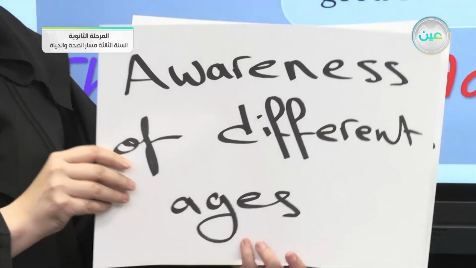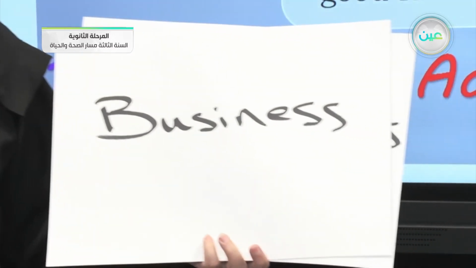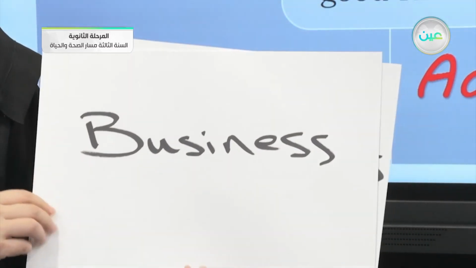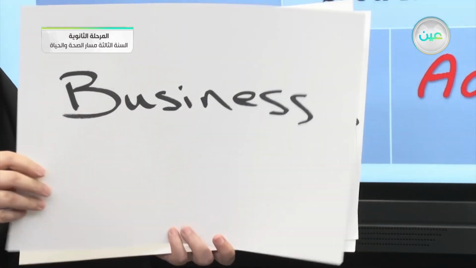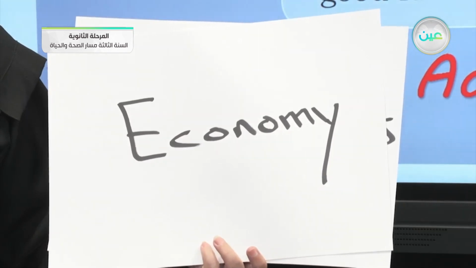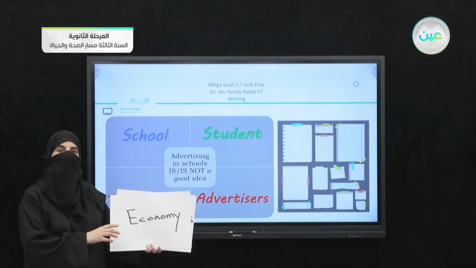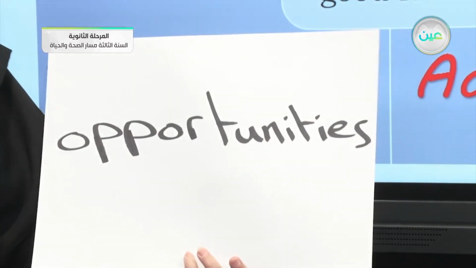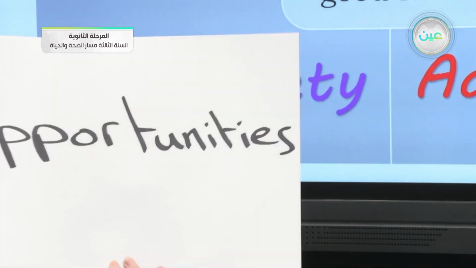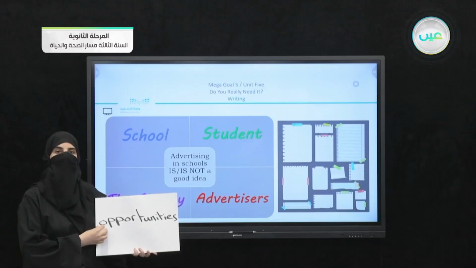Now, all of these points are, of course, connected very much to business. So this is a word that I can have in mind. And business, of course, affects the economy. The economy affects the society in general and, of course, the environment. And we have a very important word, which is opportunities.